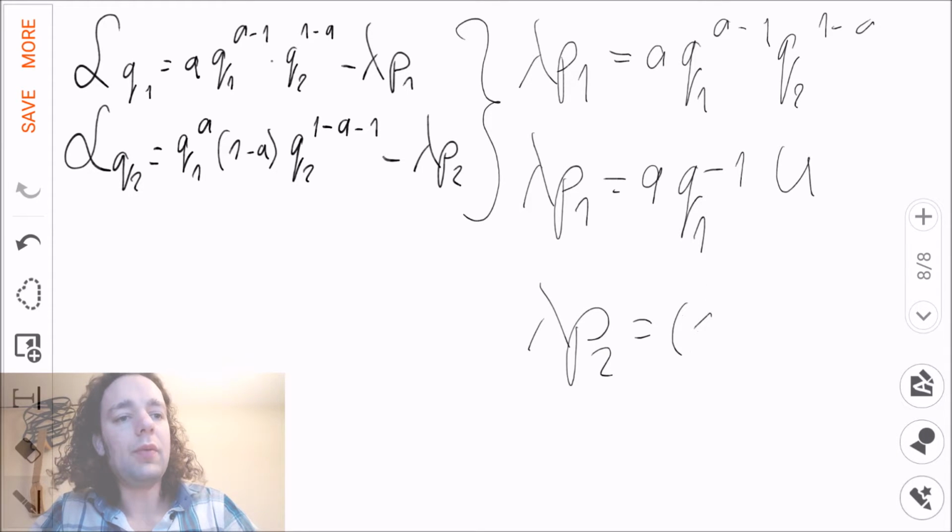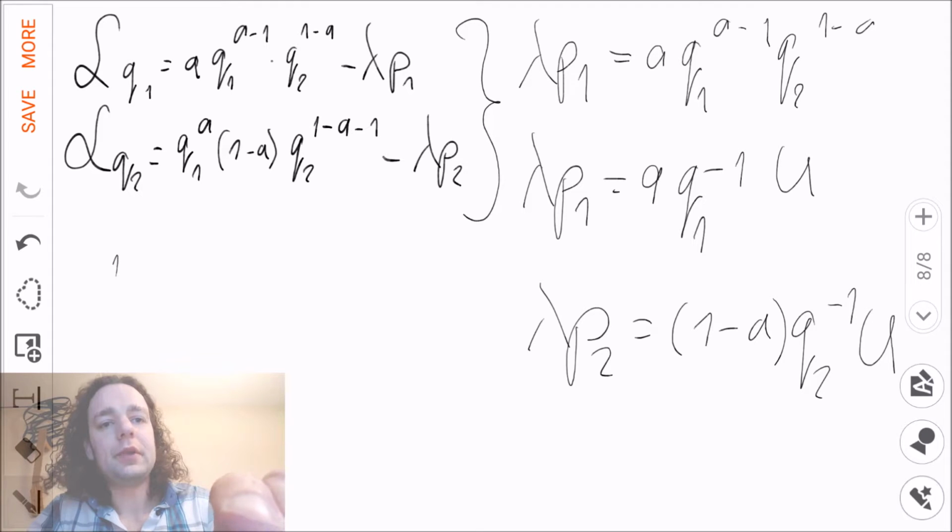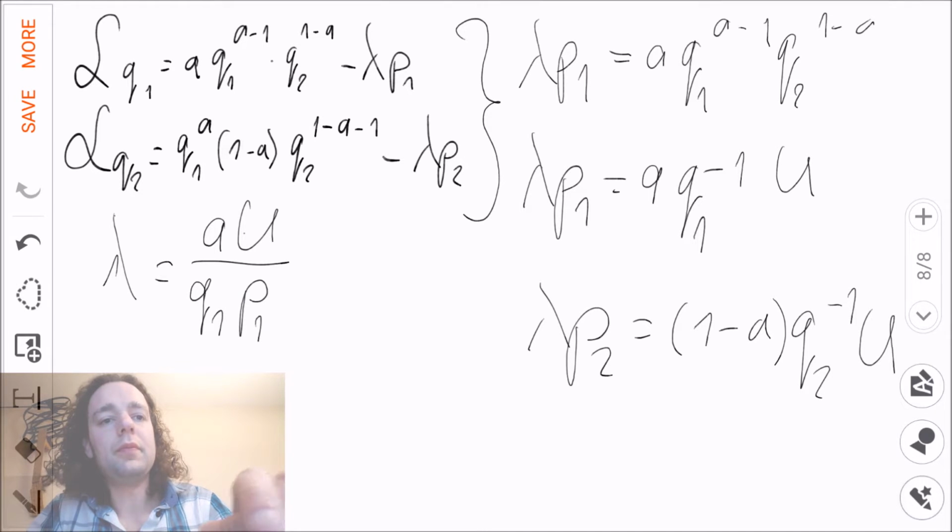We can do the same for lambda P2. And now we get 1 minus A, of course, instead of the A. Let's see, okay, the Q1 to the power A, and then we have here Q2 to the power 1 minus A minus 1. Okay, so here we get Q2 to the power minus 1 times U. Okay, here, let's put lambda equals A U divided by Q1 P1, right?